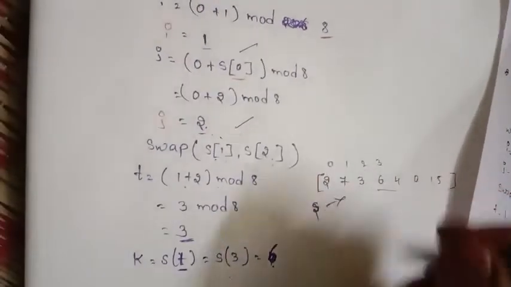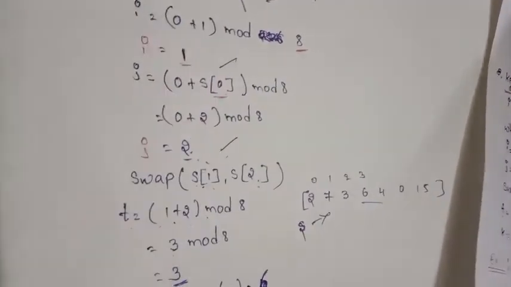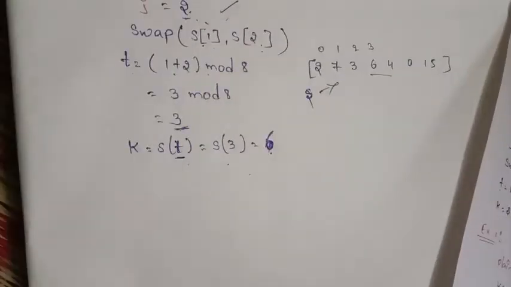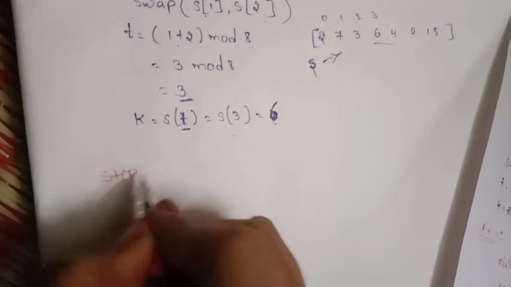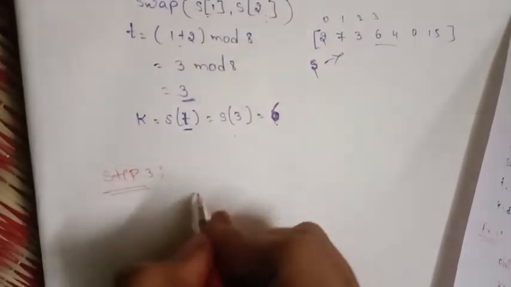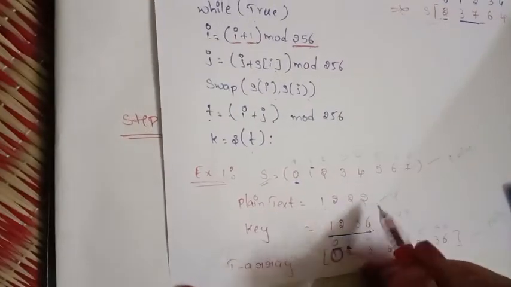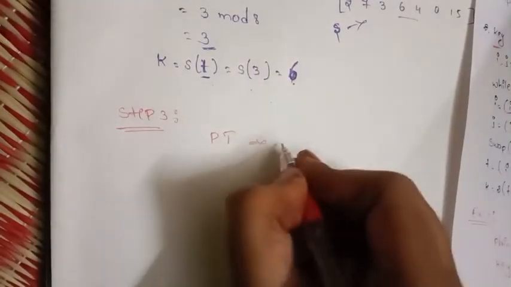After that, the third step is the encryption, guys. In step 3, take the plain text we have. What is the first bit of the plain text, guys? That is 1. Write the binary form of that plain text.